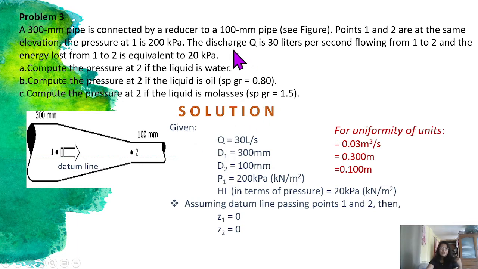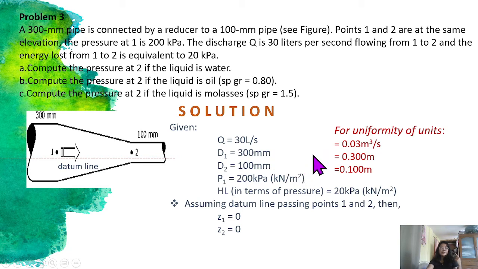So, the discharge, no? Discharge or the flow Q is equal to 30 liter per second. For uniformity of units, we will convert that directly to cubic meter per second. So, 30 divided by 1,000, you will get 0.03 cubic meter per second. And then, yung diameter at point 1 is 300 millimeter.